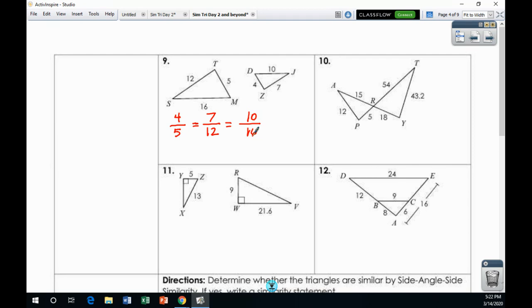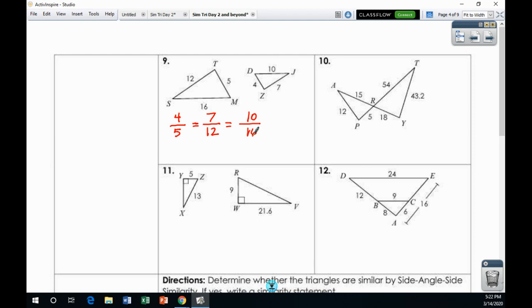So are these fractions, in fact, equal to each other? Is 4/5 equal to 7/12? Well, no, they're not, right? These are not equal to each other. None of these fractions can come out to be the same thing.